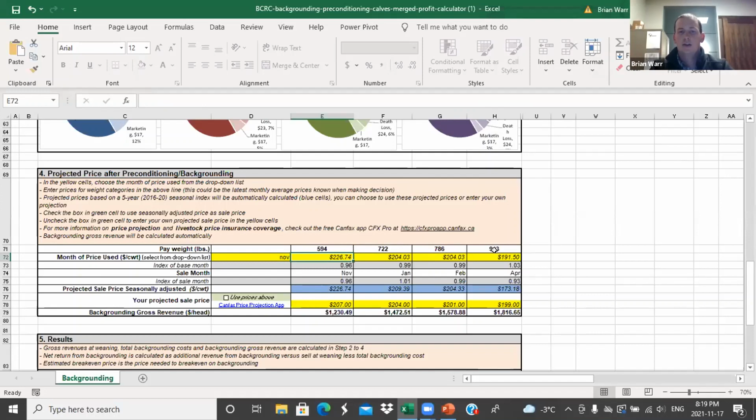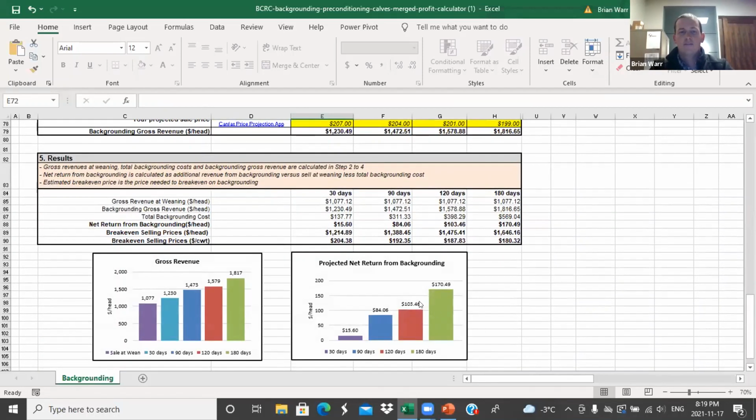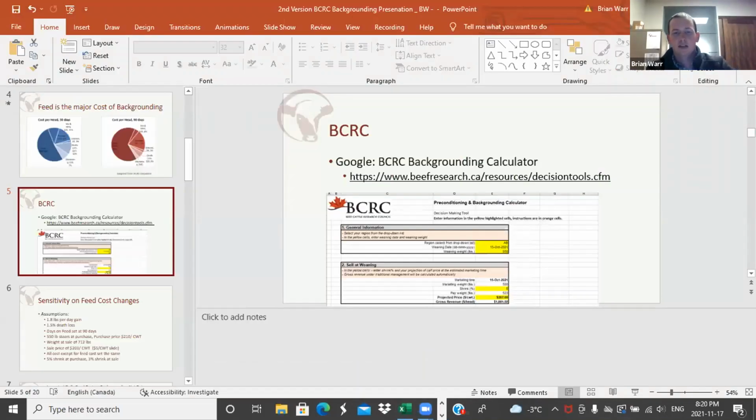If I got them up to 913, it does math, and it can generate my backgrounding gross revenue. And then it gives me some fancy graphs here to show my net return. Extremely powerful tool, and I think it's really cool that BCRC has made this available to us as producers.